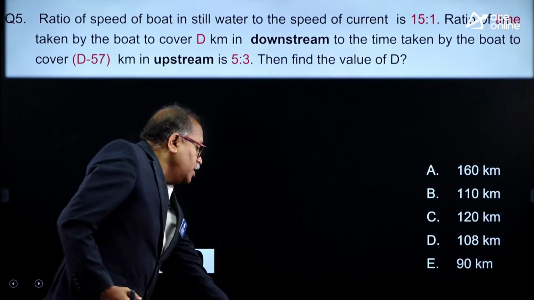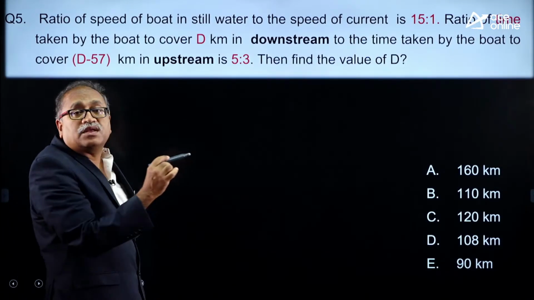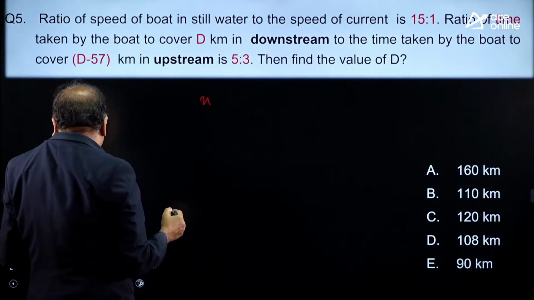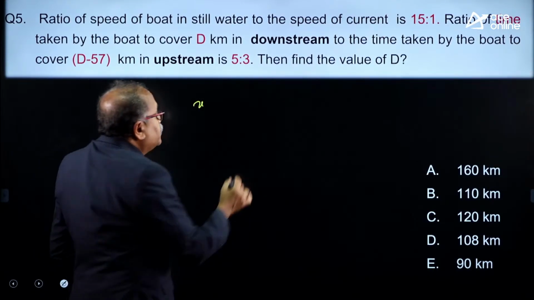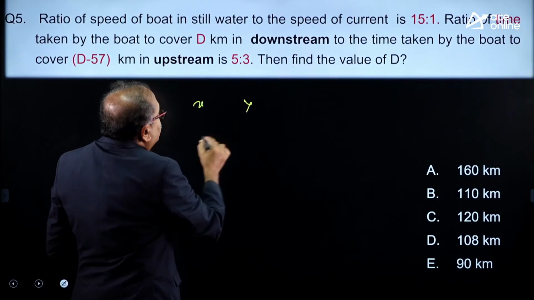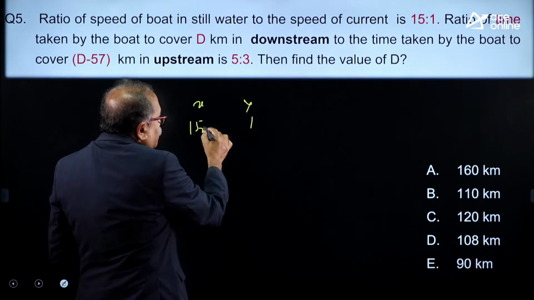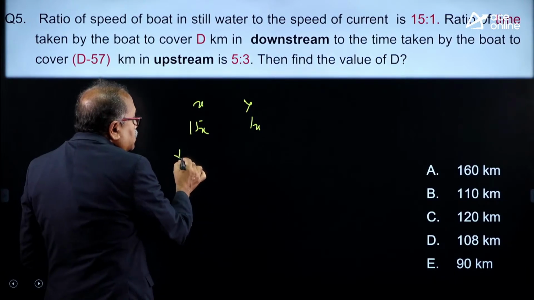Okay. Now I will answer this question. By default the speed of boat we take as x, and speed of stream we take as y, and it is given to us as a 15 and 1 ratio. So if I put x, it becomes a number. Then what is my downstream speed?